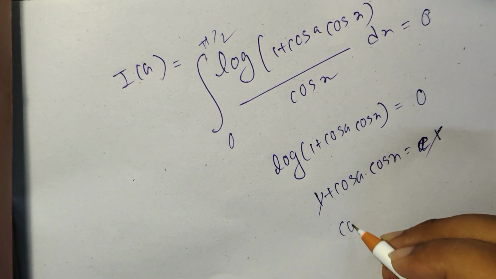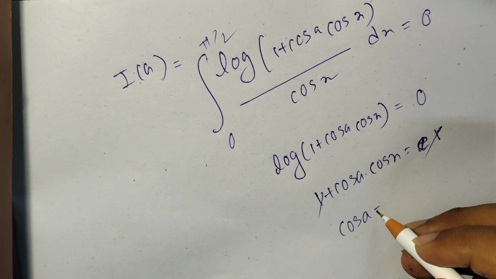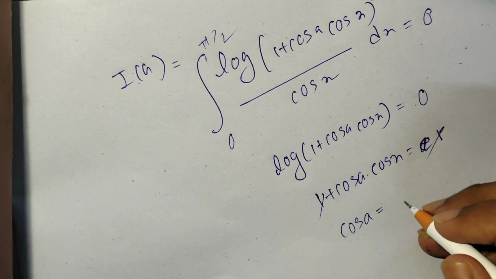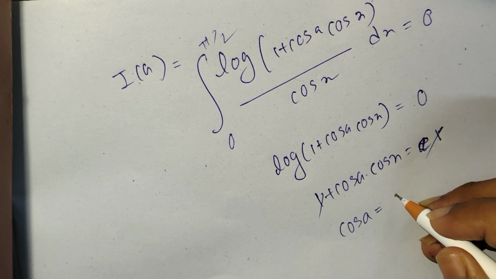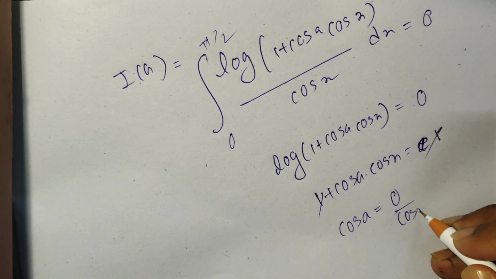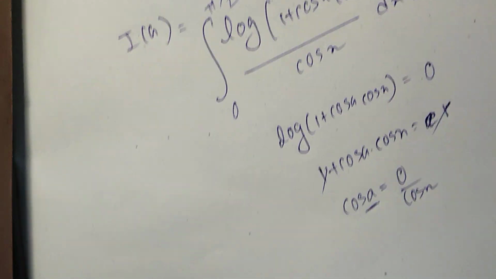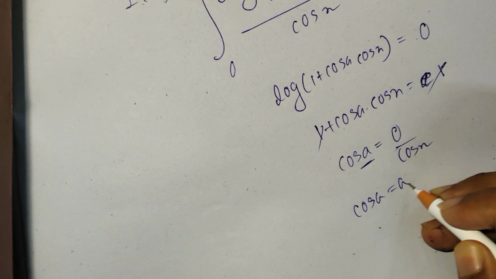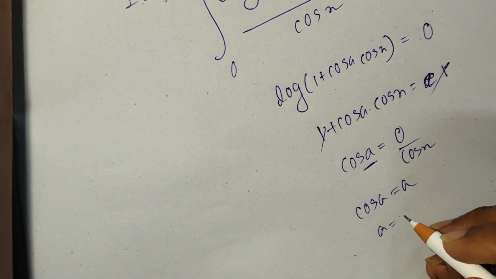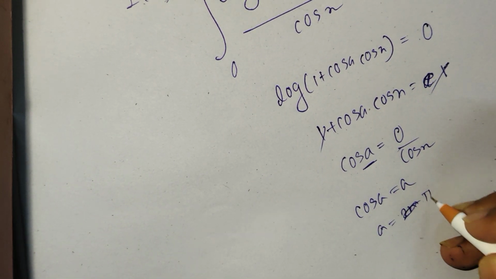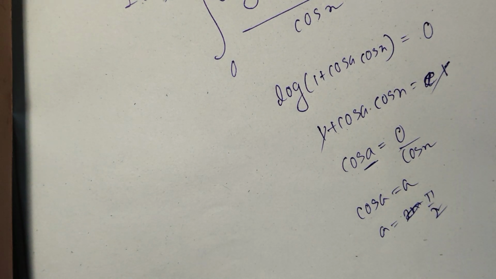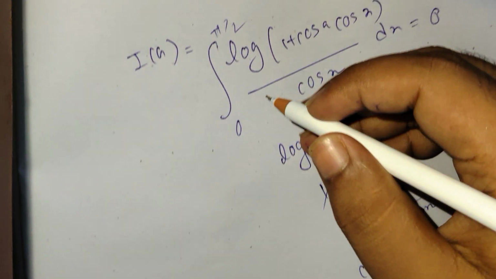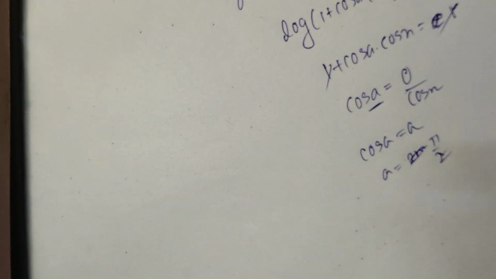You can say like cos a is equals to 0 by cos x, right? We have to find out the value of a. Be careful, we don't have to find out the value of x. So cos a is 0, so a is nothing but 2n plus 1 into pi by 2, but we are talking about only pi by 2, because we are not talking about the second quadrant or third quadrant or fourth quadrant, because the limits are from 0 to pi by 2, so you have to talk about only the first quadrant.